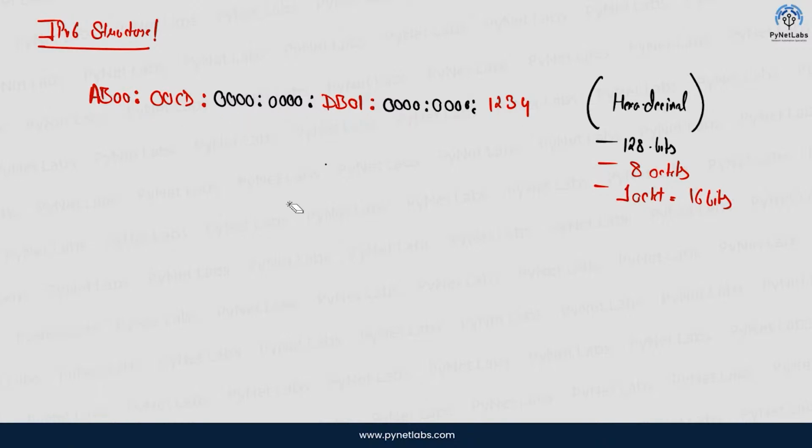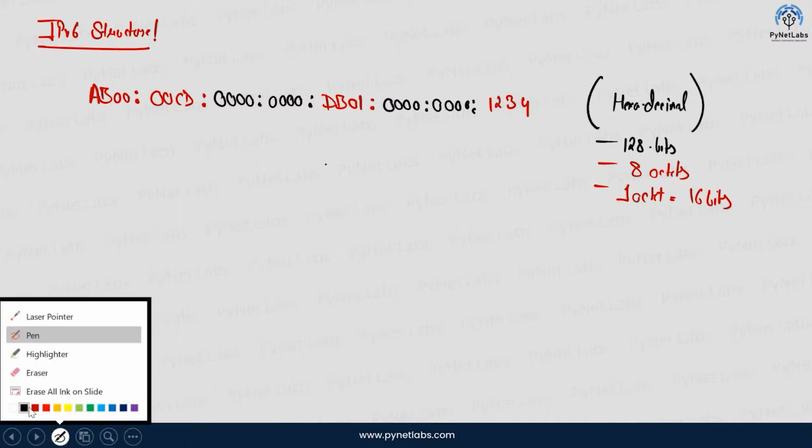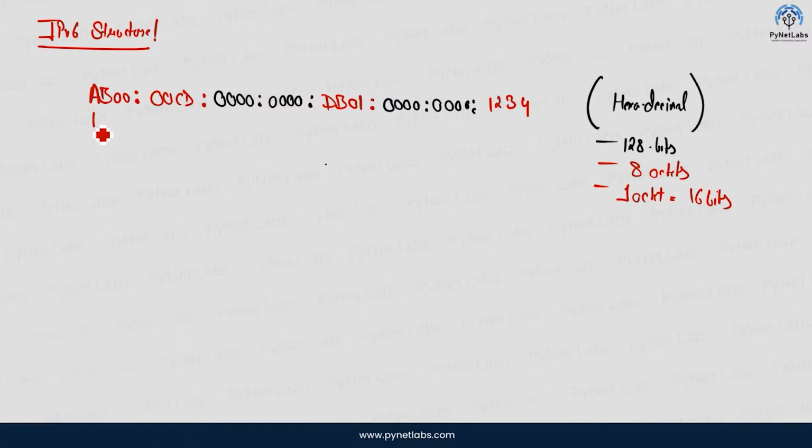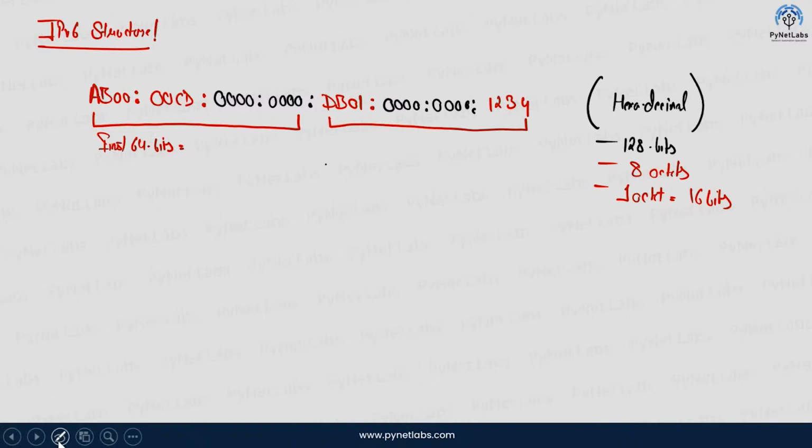Now from this 128 bits, similarly to IPv4, where we have a network portion and a host portion, in this as well we are going to have a network and host portion. So the first 64 bits are considered as your global prefix value.